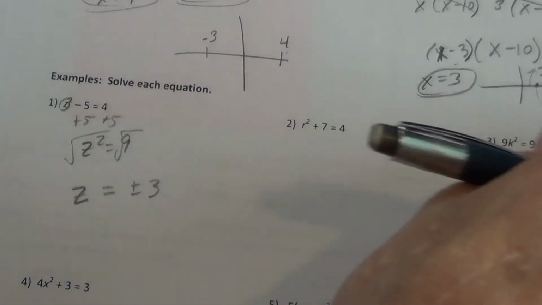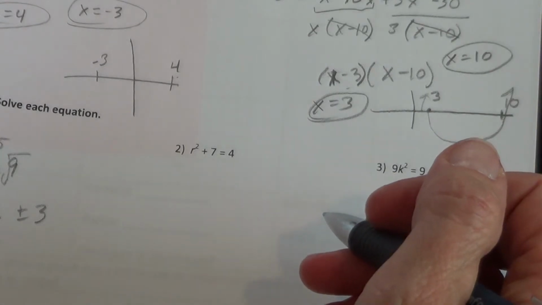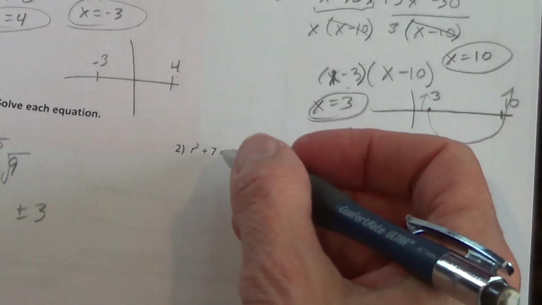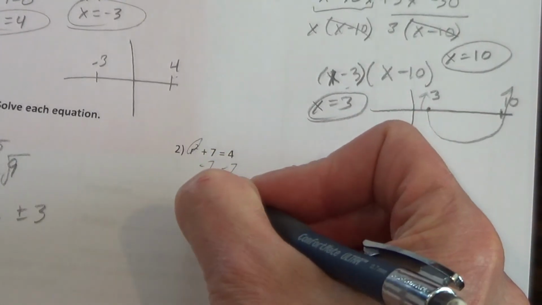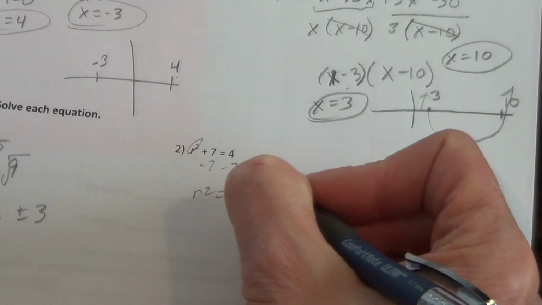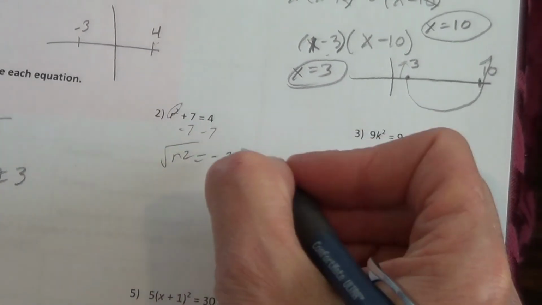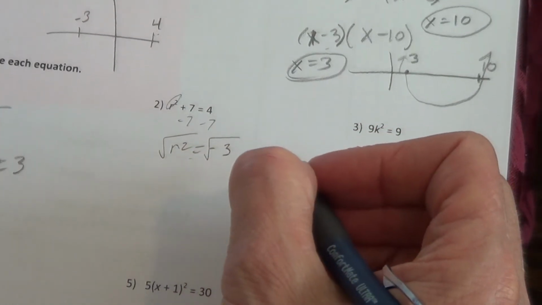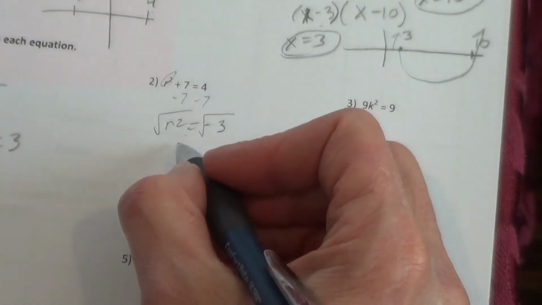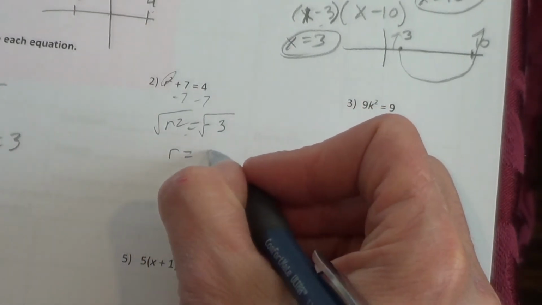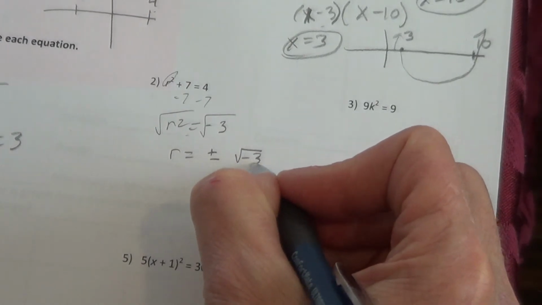Okay, next one. We've almost got the r squared all by itself. Just subtract 7 from each side. We get r squared equals negative 3. Take the square root of everything. We have r equals plus or minus square root negative 3.